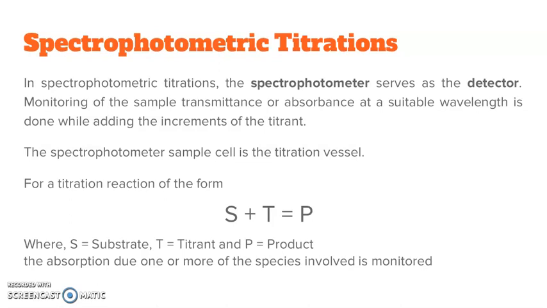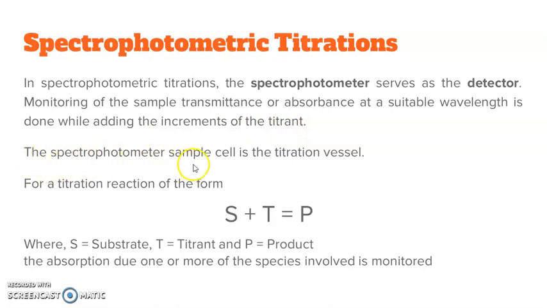But if there is no indicator, we call it spectrophotometric titration. We employ a detector which does the job of detecting the endpoint. We do that by monitoring the absorbance or the transmittance of the sample in the sample vessel at a suitable wavelength, while adding increments of the standard solution, which is known as a titrant.